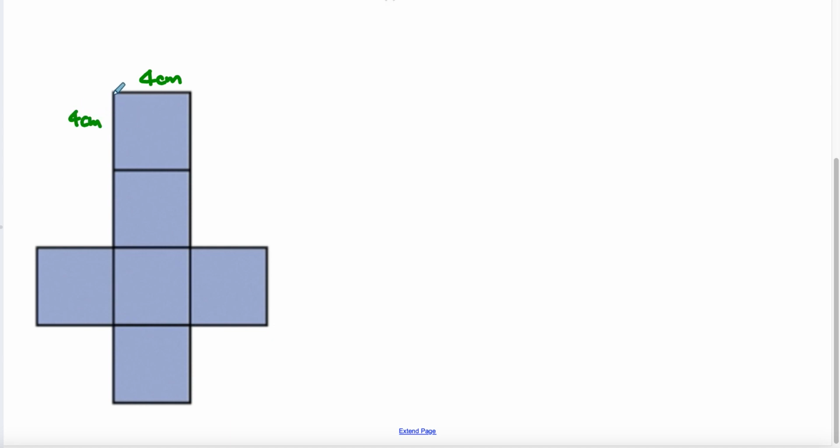Then we know how to calculate the area of this square. This square is 4 by 4, which is 16 square centimeters. And same for this one, because this side is 4 centimeters, that's 4 centimeters, another 16, another. So we know that there are 6 exactly identical squares, and each square has 16 square centimeters as the area.